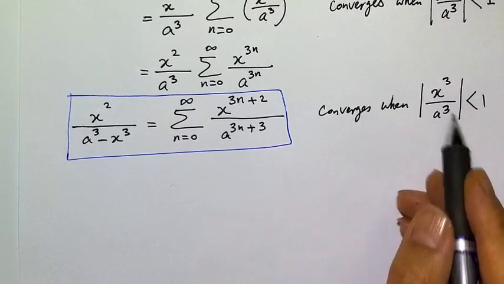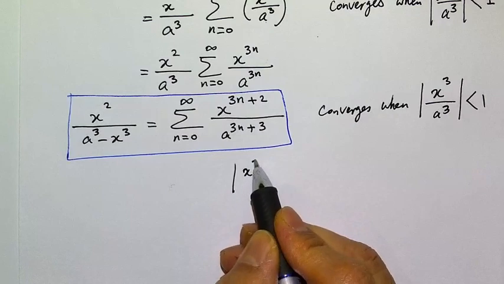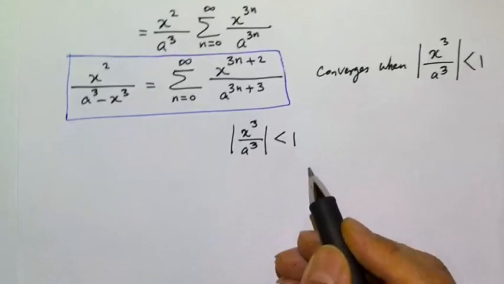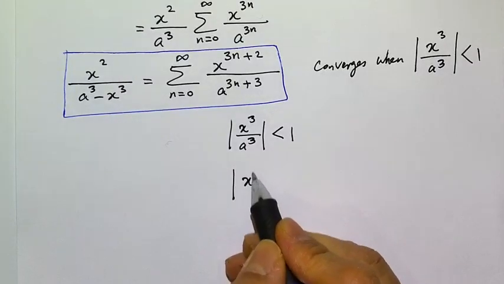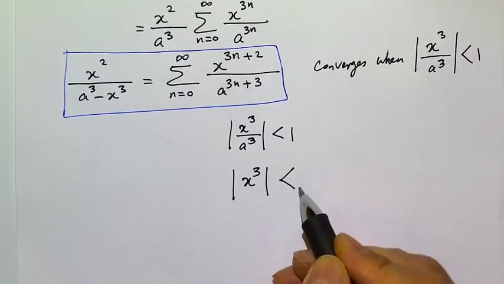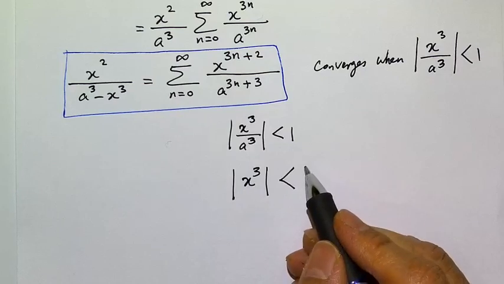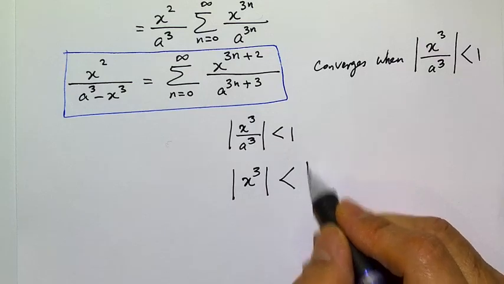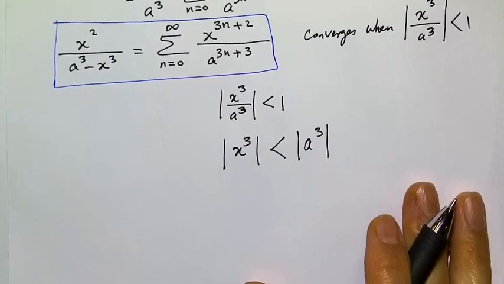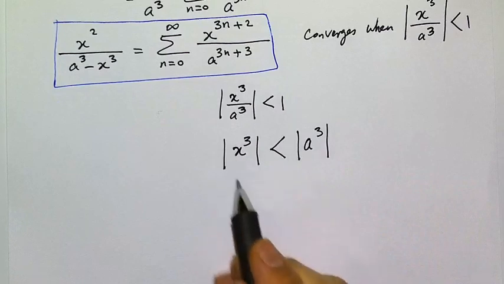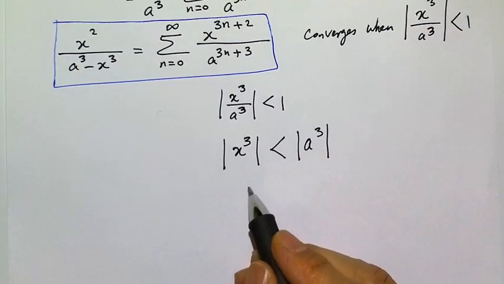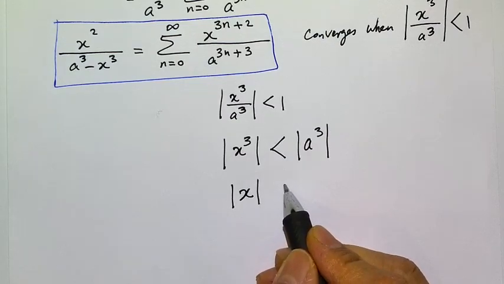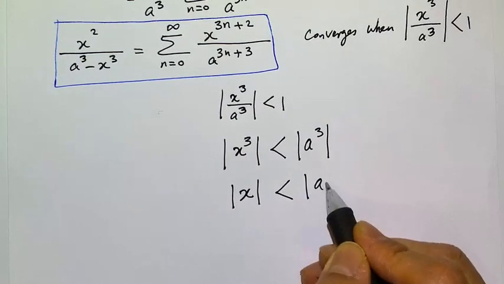Now the interval of convergence, we start from this. So we have the absolute value of that. Therefore, the absolute value of x cubed is less than a cubed, and then just take the third root of both sides, and we end up with the absolute value of x should be less than the absolute value of a.